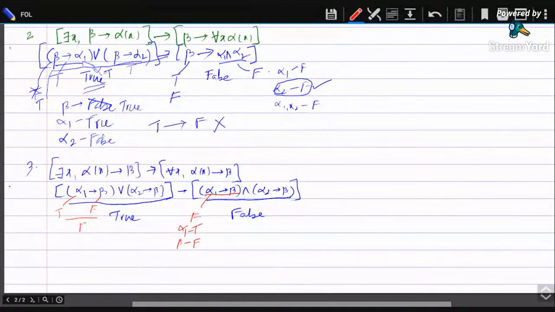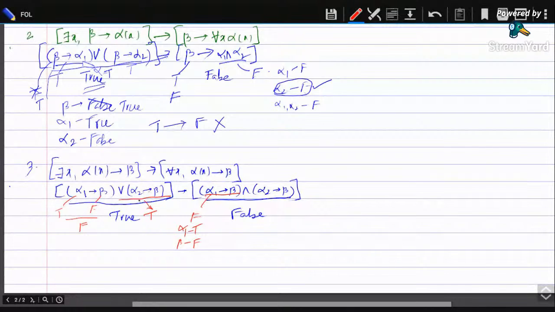False. And you want this whole thing to be true. Therefore, you are forced to make the left hand side true, because this right part is false. And if you want the whole thing with the disjunction, at least this has to be true.